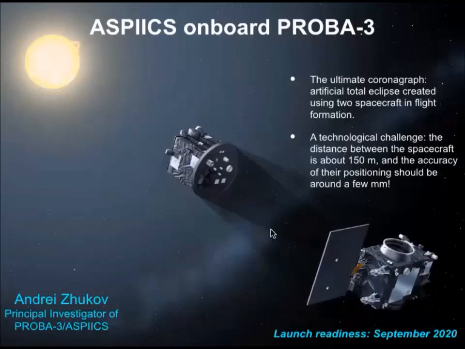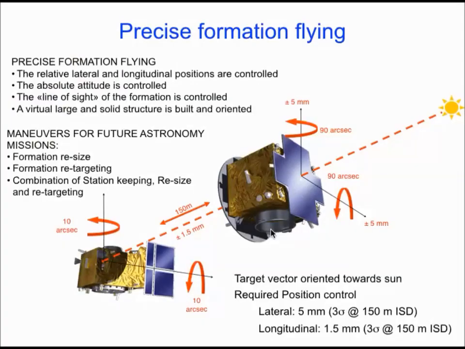This is a sort of technology demonstration, meaning that ESA has not done it before and is not sure how to do it, but we are studying and improving, and perhaps we will succeed. And the constraints are amazing, actually. The two spacecraft will fly 150 meters apart, and the accuracy on that has to be 1.5 millimeter.